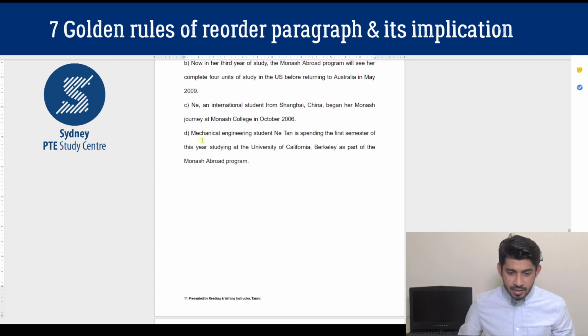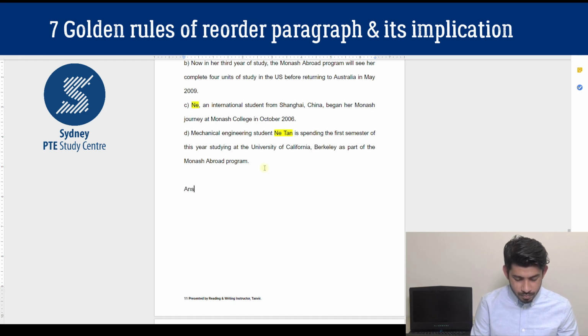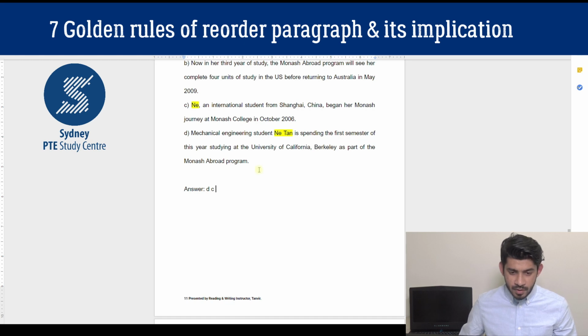Now what about C and D? C says Ni, an international student, so it's a short name. Number D says mechanical engineering student Ni Tan, so it's a full name, right? So as far as the golden rule is concerned, your full name comes before the short name. And I have got my first pair here, number D and C. Now it's the most general statement introduced to you with the subject Ni Tan, right?